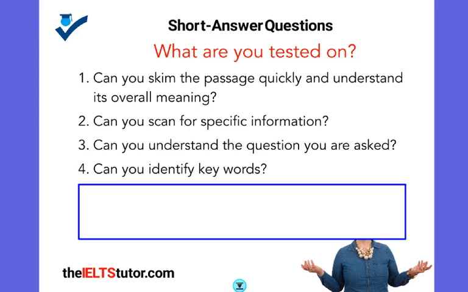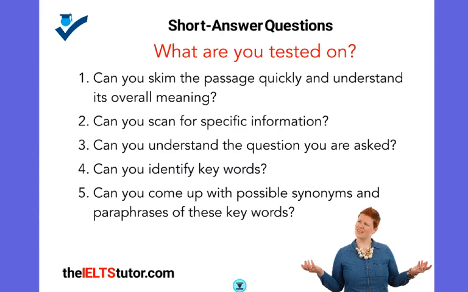So to do this, you are also being tested on your ability to come up with possible synonyms and paraphrases of the keywords in the questions. So these are the things that you're tested on in your reading test for short answer questions, not just for short answer questions, but other task types as well.